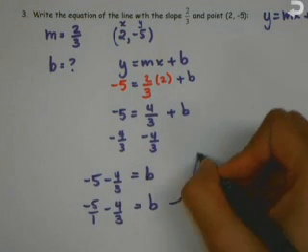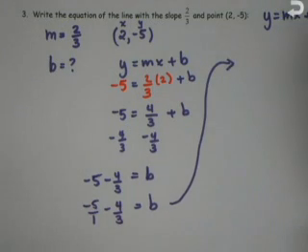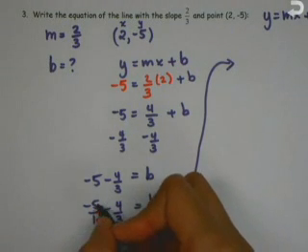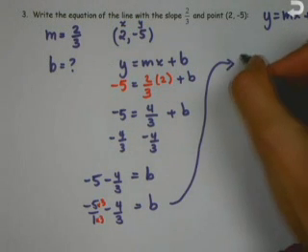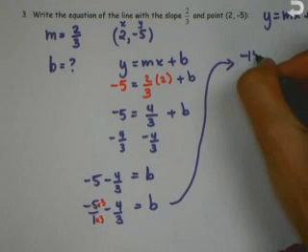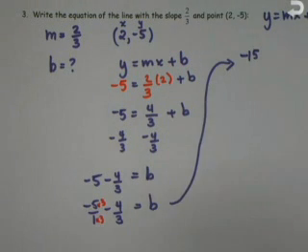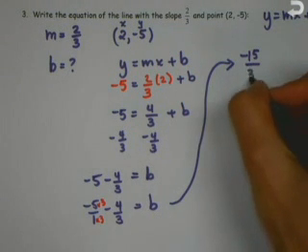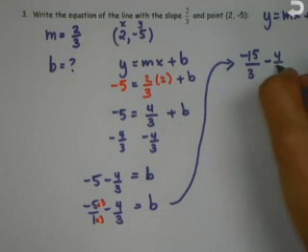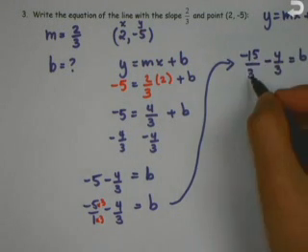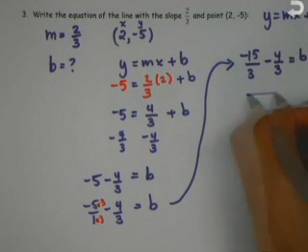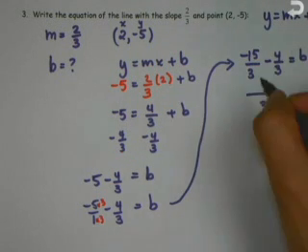Let's continue this over here. So we need a common denominator of 3. Multiply this by 3, and we're going to have negative 15 all over 3, and that's minus 4/3 equal to b. Since we have the same common denominator, we can put them all under one denominator.